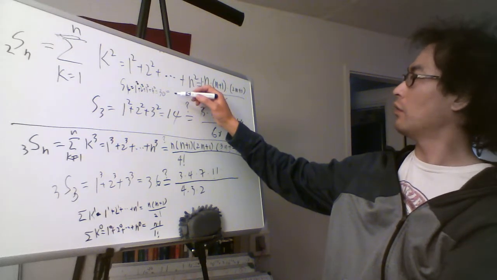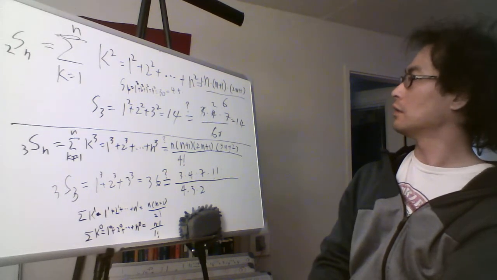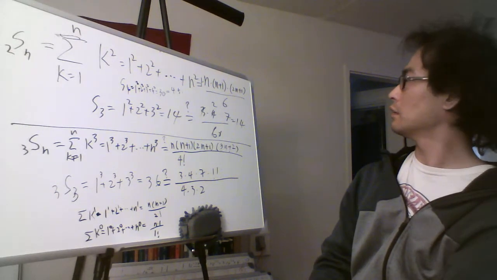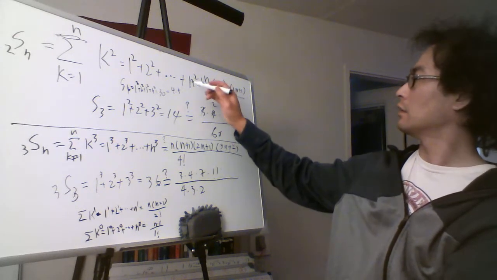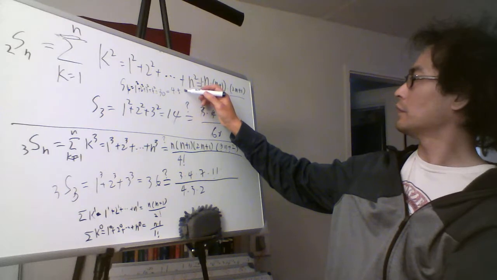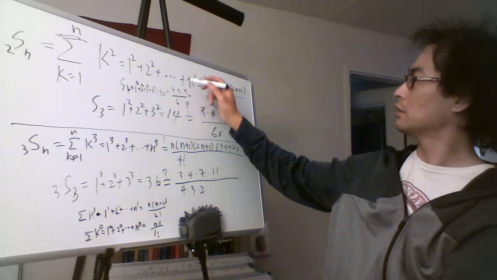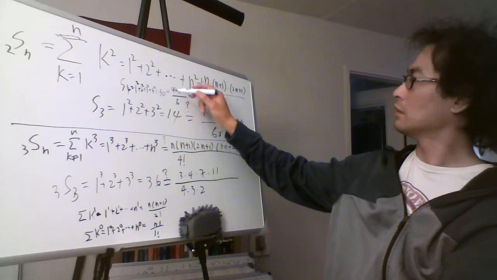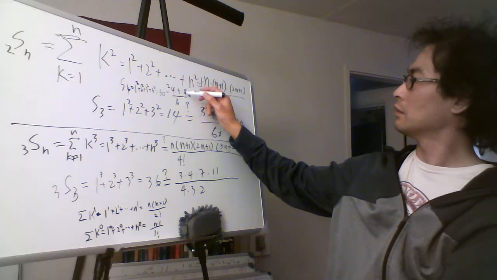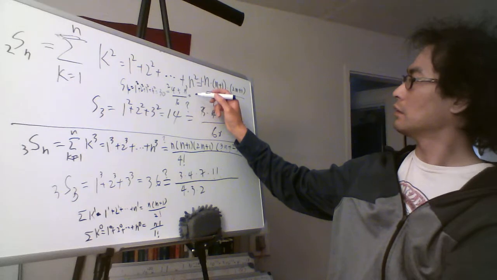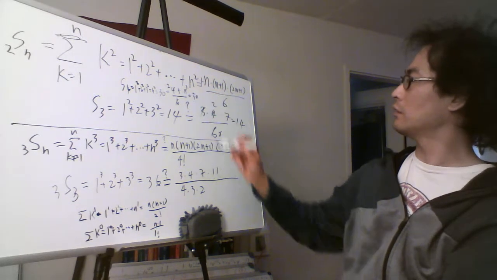What is n? 4? 4 times 5 times 9 over 6? Yeah. Okay, so this formula works.